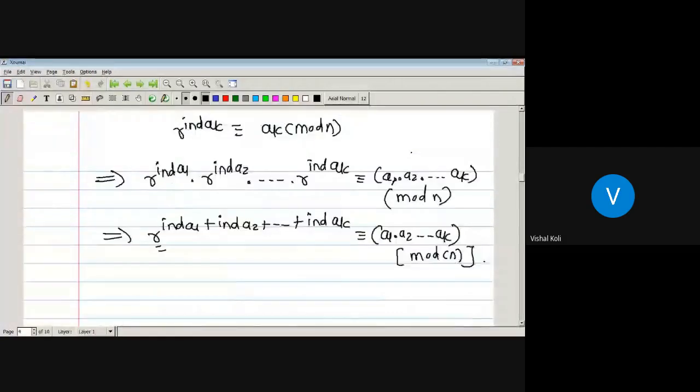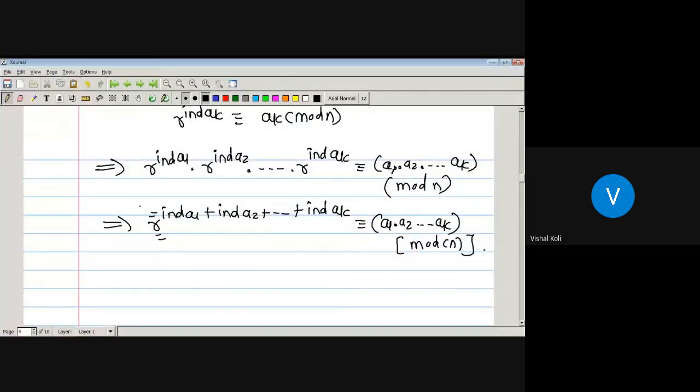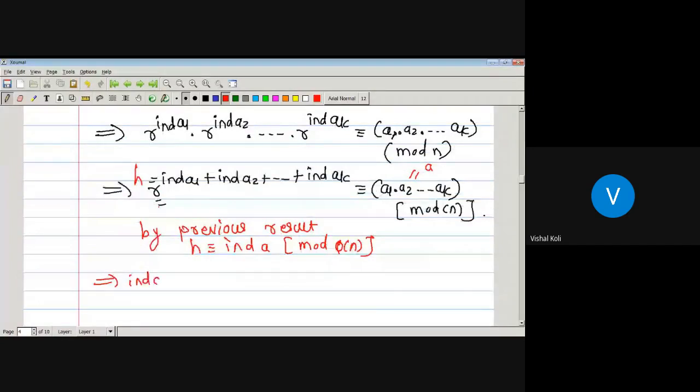Similarly here also we get index of A1 plus index of A2 is something, let us take this one as H, that is R to the power H is congruent to this integer A modulo N, and R is the smallest primitive root of N. Then by previous result, H is congruent to index of A modulo phi of N. But here H is nothing but index of A1 plus index of A2 plus up to so on index of AK, and which is congruent to index of A. Here A is nothing but A1 into A2 into up to so on AK.